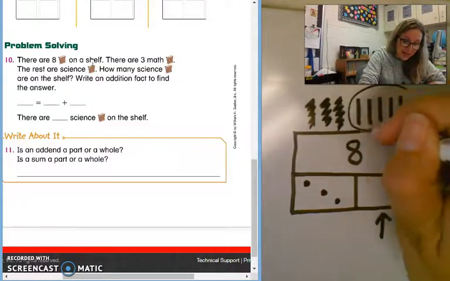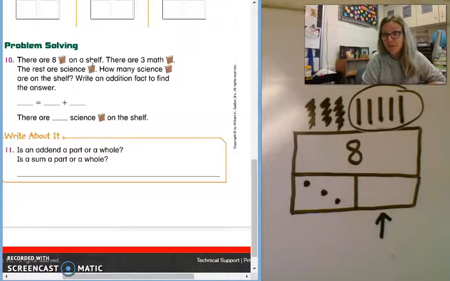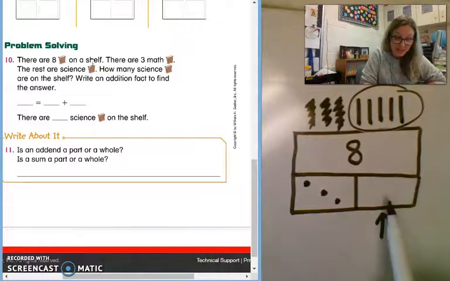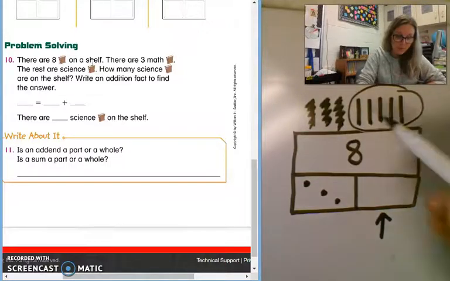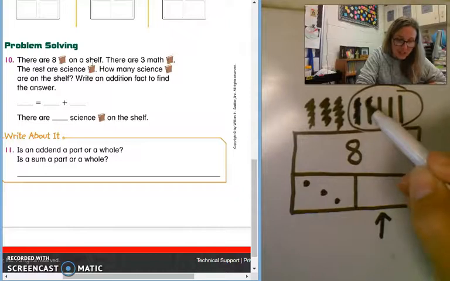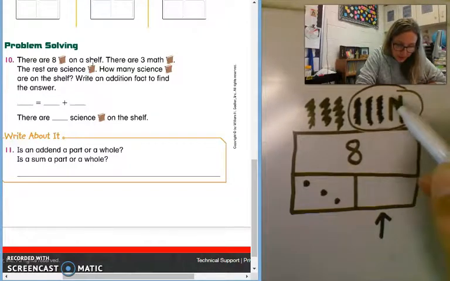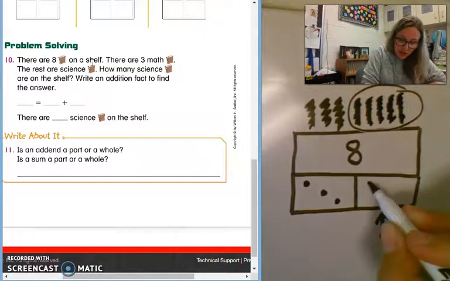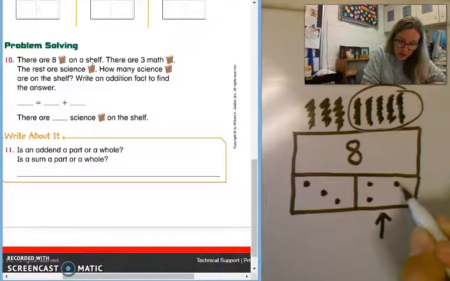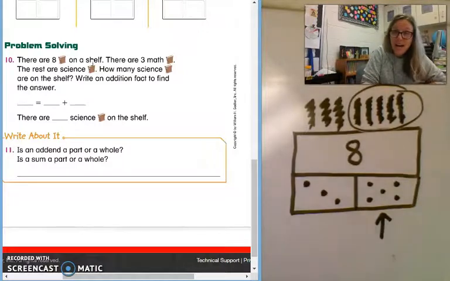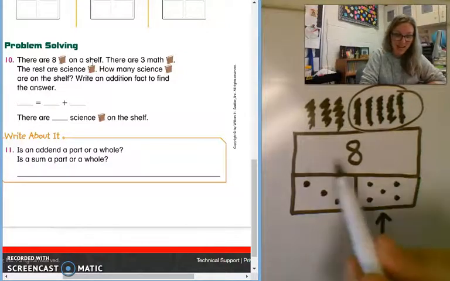Then the rest of them will be my other part. So let's count how many there are left over, and that will tell us this missing part. We have 1, 2, 3, 4, 5. So there are 5 science books on the shelf.